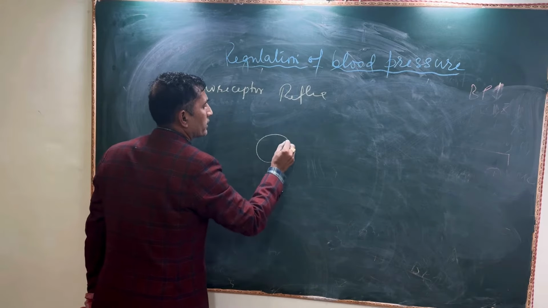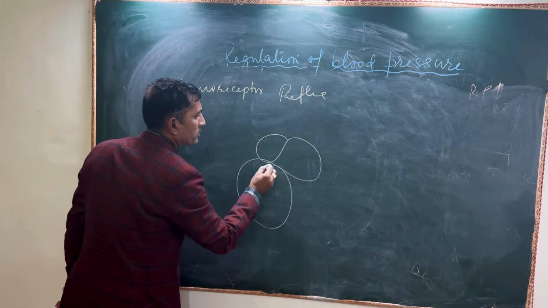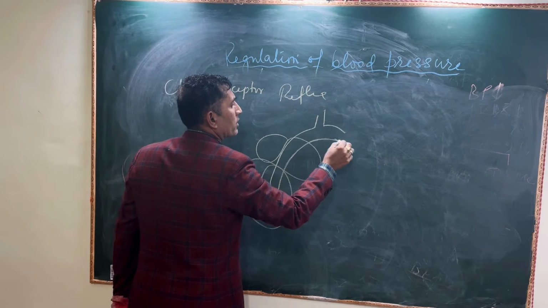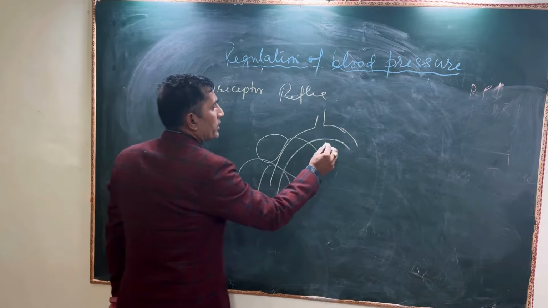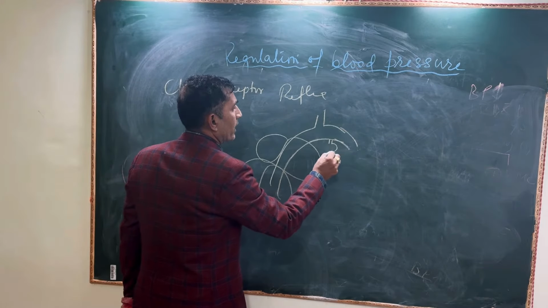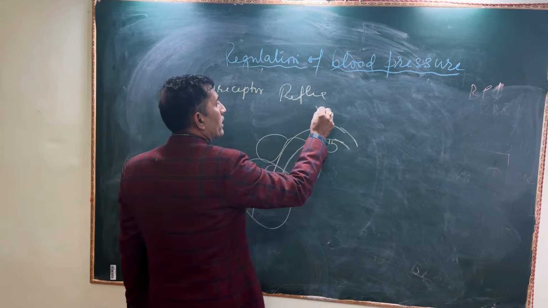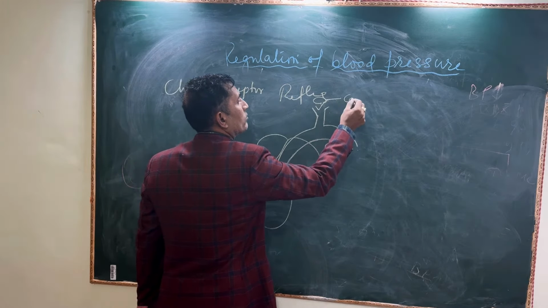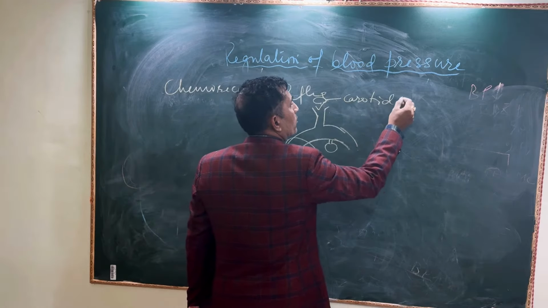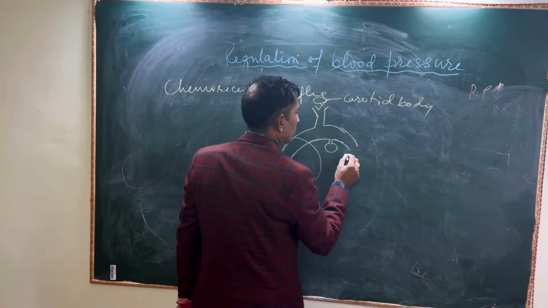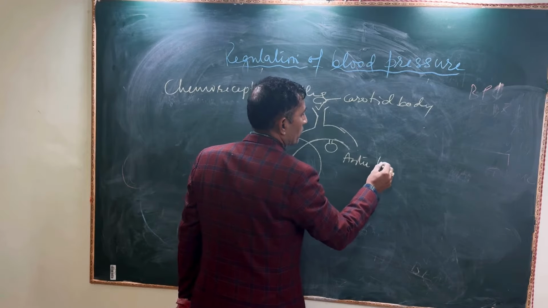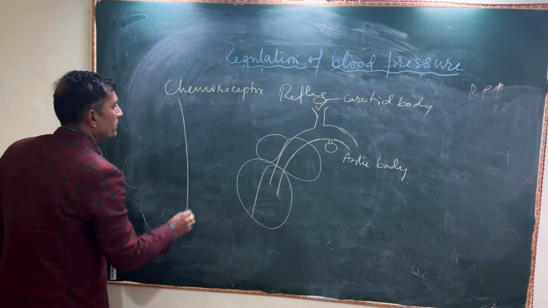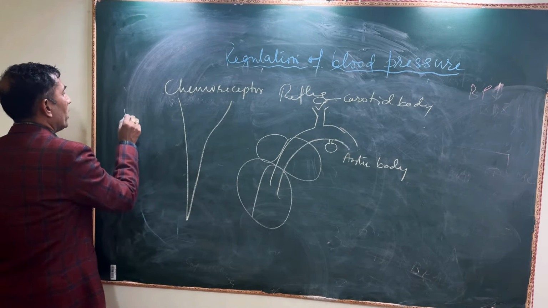Again, if you draw the diagram of the heart, this is the heart, and we have the aorta. Here we have the aortic body, and here we have the carotid body. This is the carotid body, and this is the aortic body. And obviously we have the medulla.